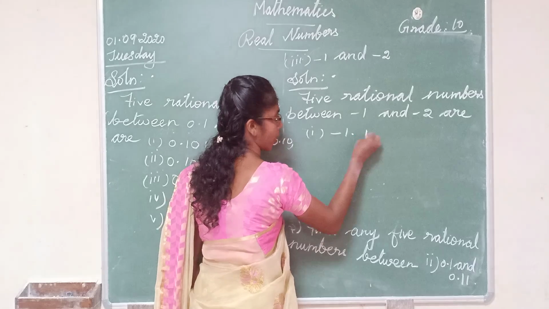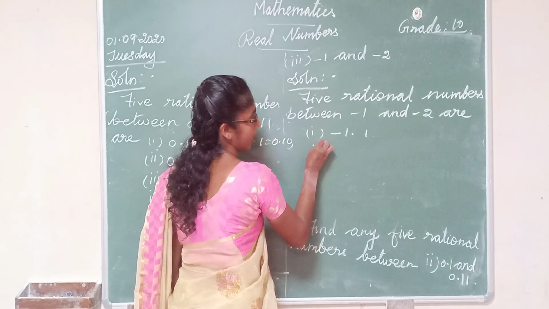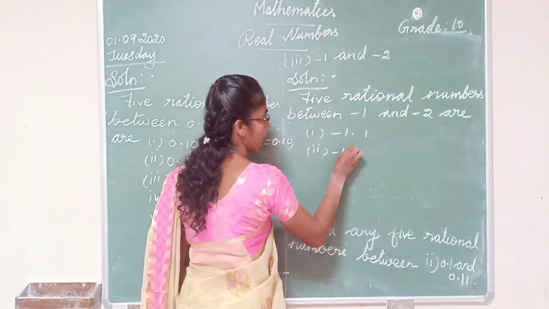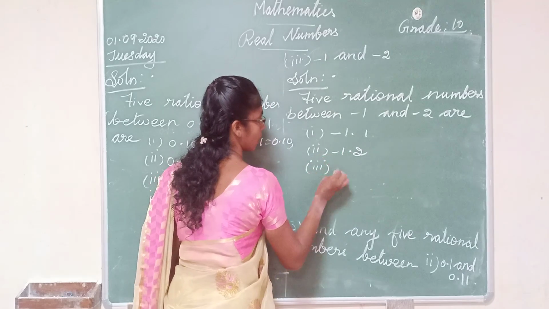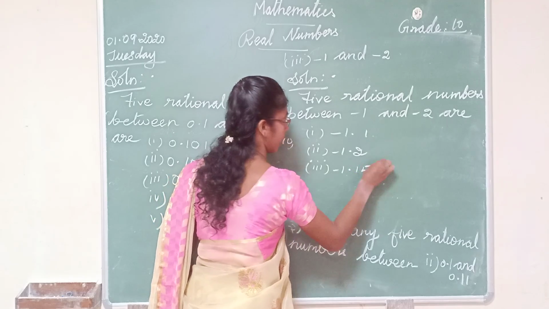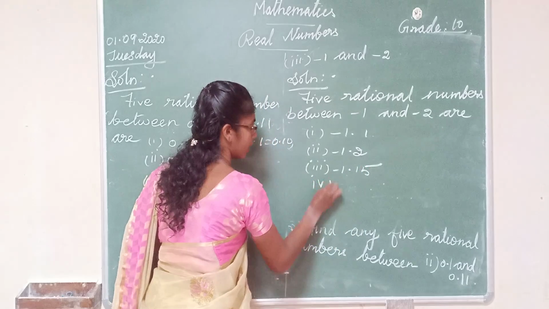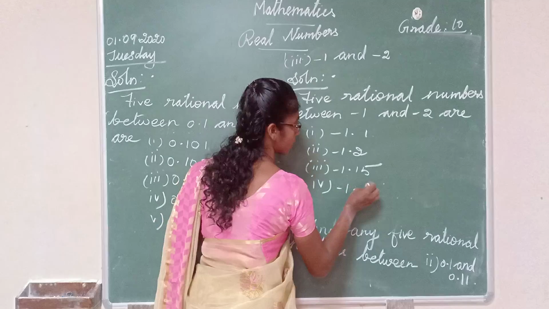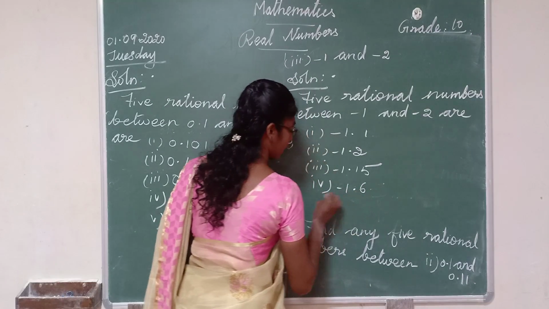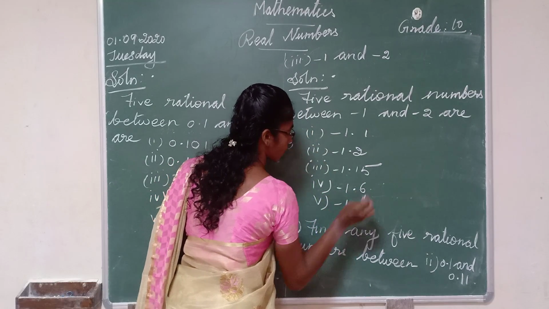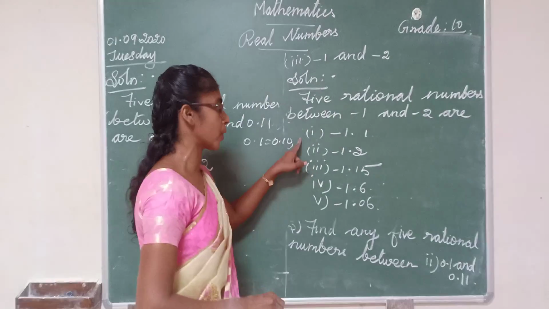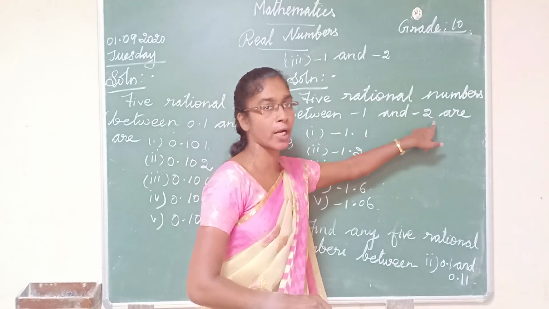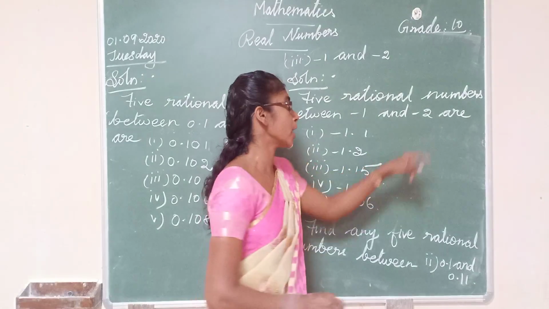Minus 1.1. Next, minus 1.2, minus 1.15. Next, minus 1.6. Next, fifth one, minus 1.7. These all numbers are between -1 and -2.